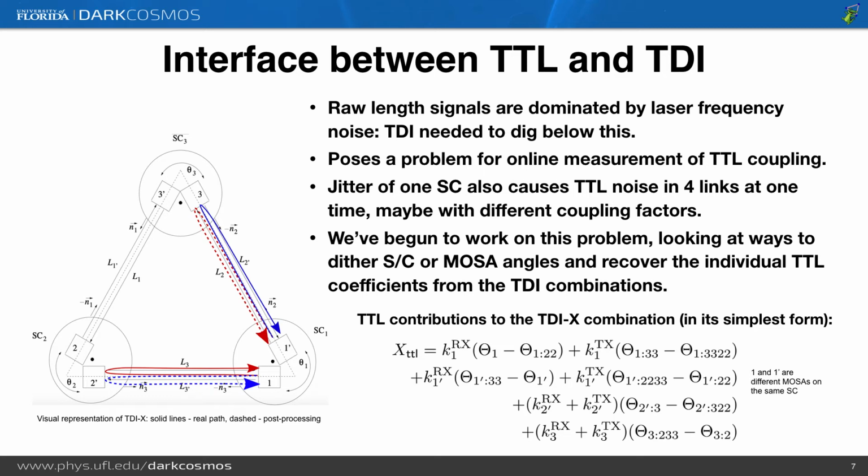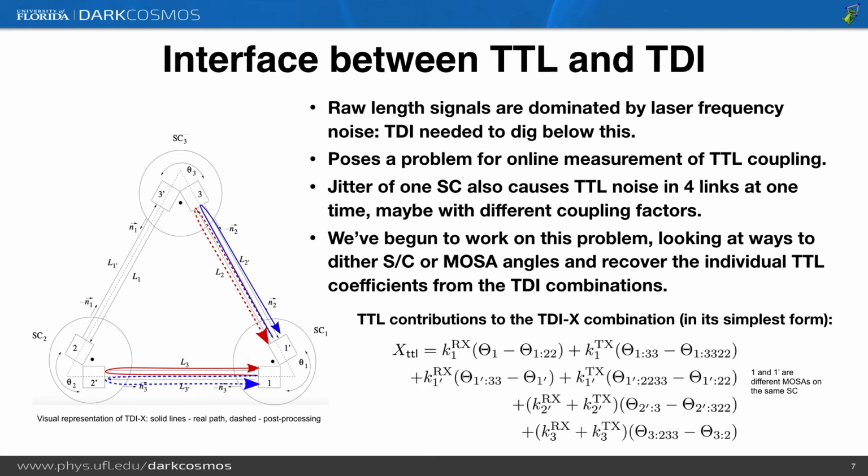New graduate student Don George is working with Pep Sanjuán to tackle this problem. They are studying how TTL noise propagates through the TDI combinations and testing methods to calibrate them to aid alignment mechanisms and for subtraction in post-processing. Considering only the science interferometer, there are 16 TTL coefficients, transmit and receive for both pitch and yaw for all 4 movable optical subassemblies.